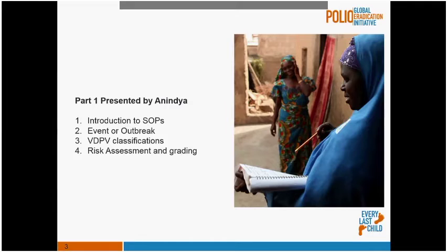So therefore, earlier outbreak response tended to be a little haphazard, and GPEI, the Global Polio Eradication Initiative, wanted to stop that, and therefore we designed certain standard operating procedures so that all partners are on the same page, national governments are on the same page, and we deliver certain products to respond to the outbreak in time within a defined time frame. So with that, let me get to the next slide.